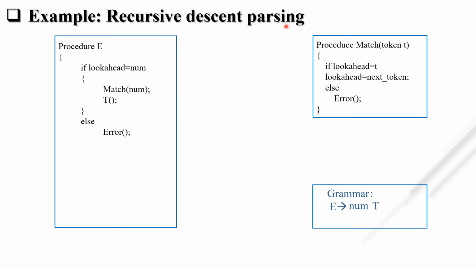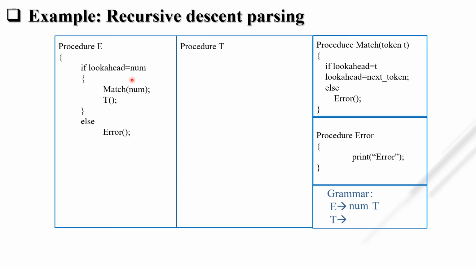Else error: if lookahead is not num, then we have to print an error, and the error procedure will be called, in which we simply print an error message. So next one is T tends to. On the left hand side there is a T, so we have to create one procedure T. What is the next symbol? Yes, it is a terminal symbol, star.